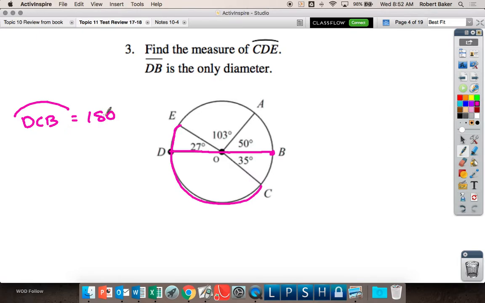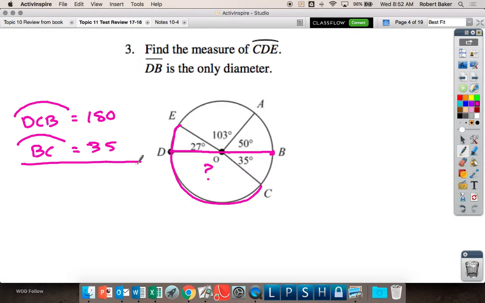And if you just want to find, you probably need to find the measure of this arc right here, arc DC. So how would you find that arc? You would subtract arc BC, and it would give you the measure of arc DC.